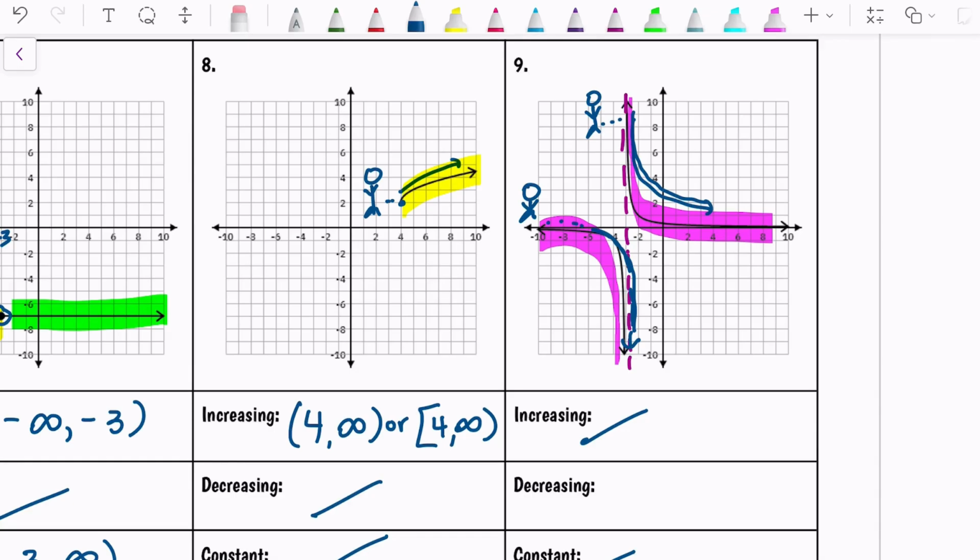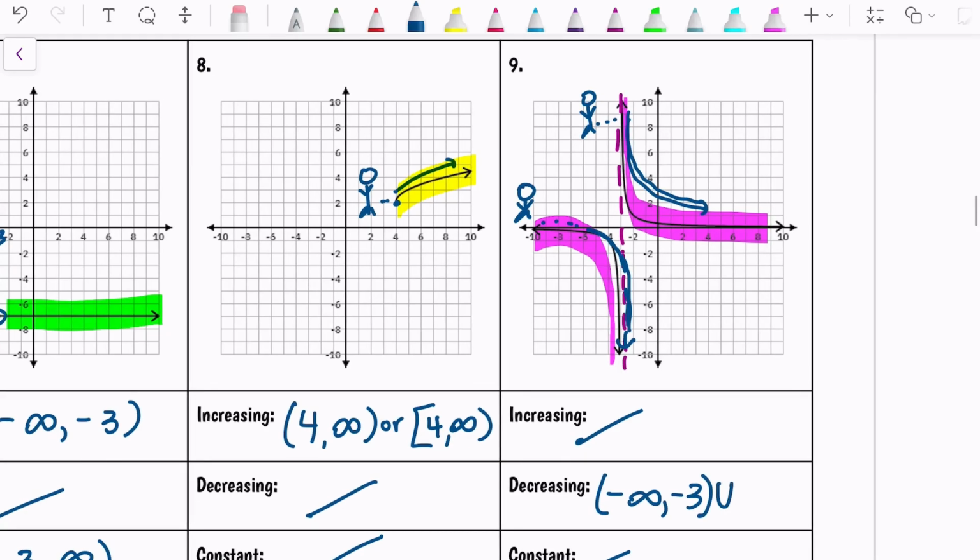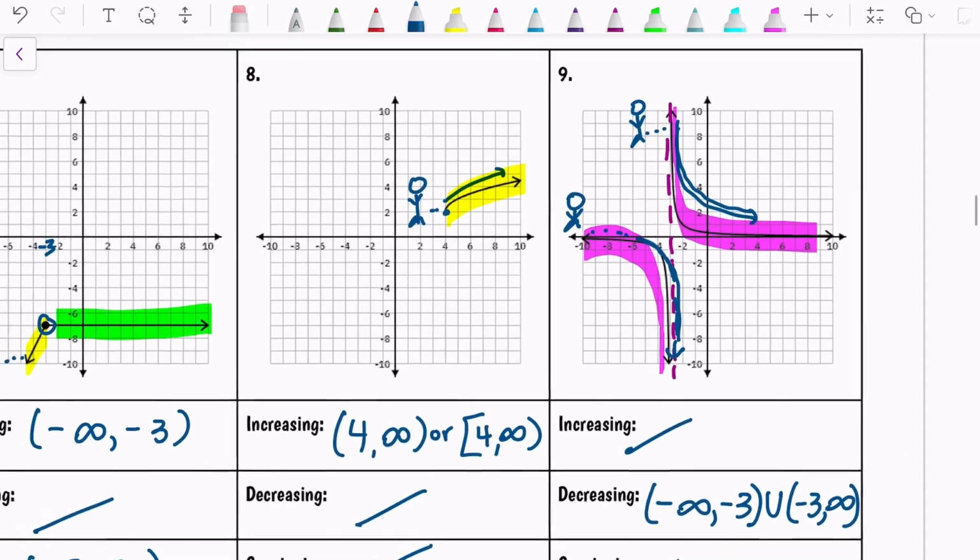As it's decreasing, it decreases from the left, which is -infinity, and then it stops before it gets to -3. Then it picks back up at -3 to infinity to the right. And what that says in math language is all the numbers except for -3. We use that union to put them together to say, hey, this section and this section. That's all that U is. So this is increasing, decreasing, constant.